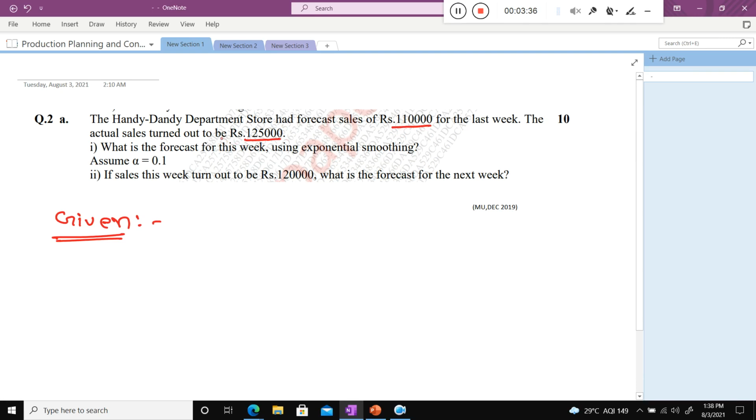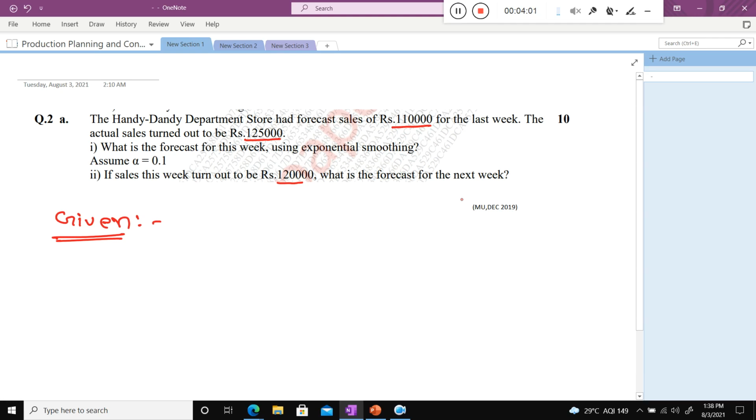Now the next point: what is the forecast for this week using the exponential smoothing method? Just find out the forecast of this week, and their alpha value is already mentioned. If sale this week is 1,20,000, then what will be the forecast for next week? So there are two things you need to find out.